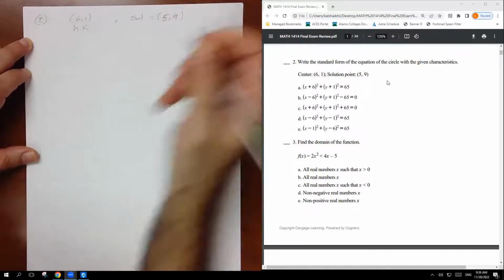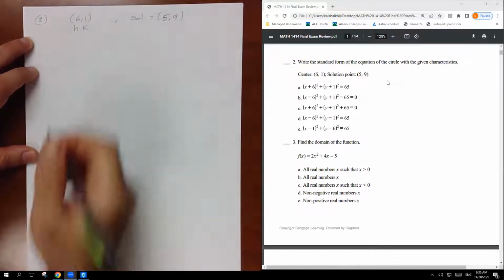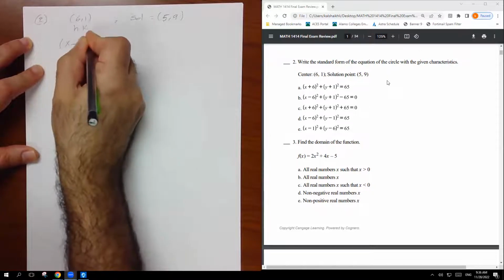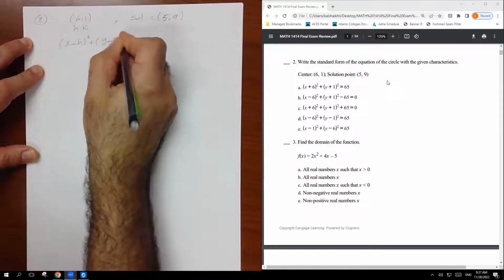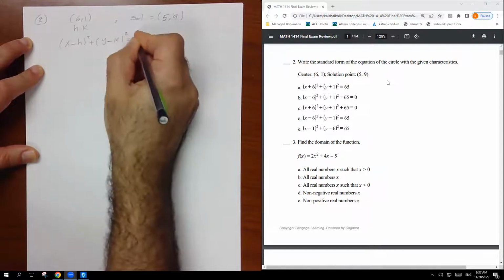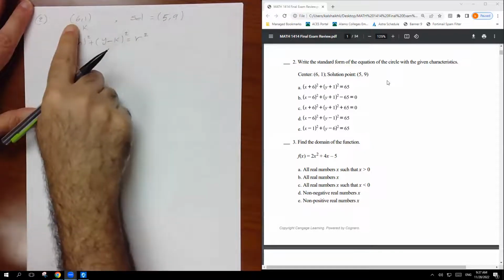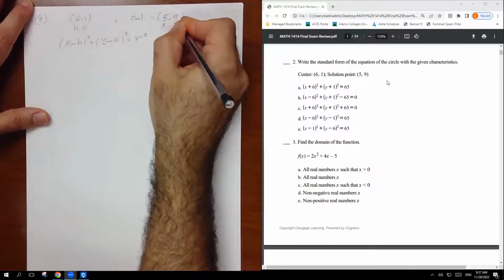We need to find the equation of the circle. So the standard form is x minus h squared plus y minus k squared equals r squared. We don't have the radius. We have the center and we have the solution point. The solution point is the x, y.